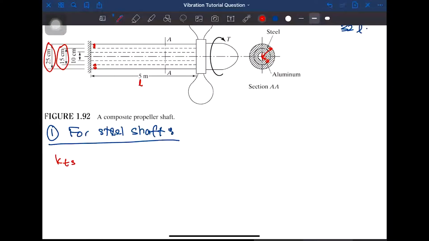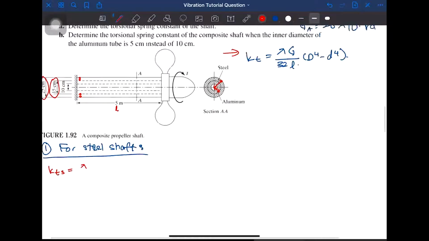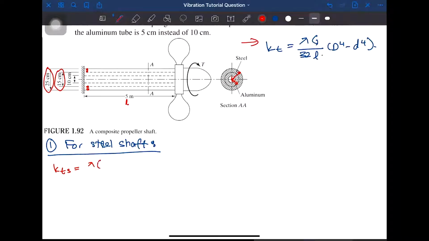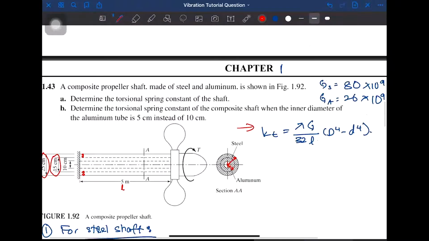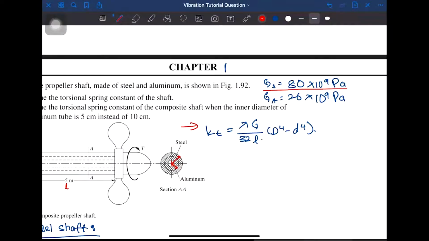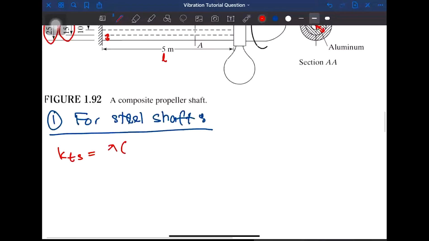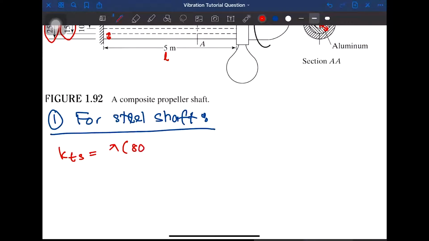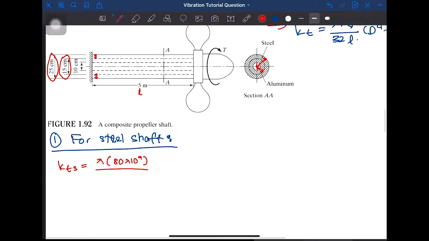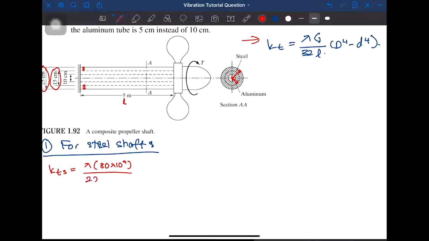Torsional stiffness for the steel equals pi times the G. The G for steel is 80 times 10 to the power of 9 Pa. So put it here, 80 times 10 to the power of 9, divided by 32 times the length, 5 meters, and then times the difference between the big diameter and the small diameter to the power of 4.